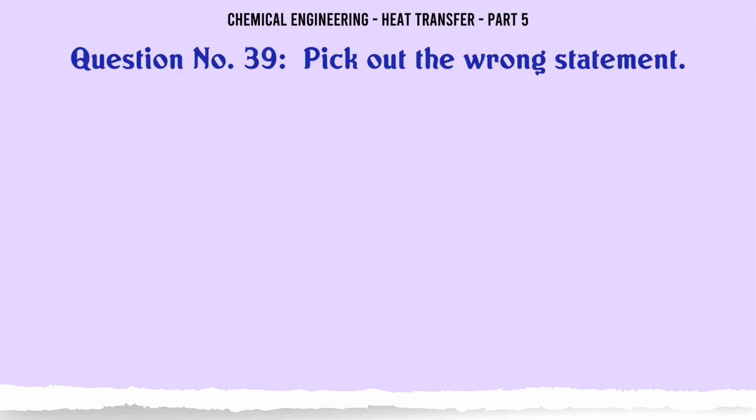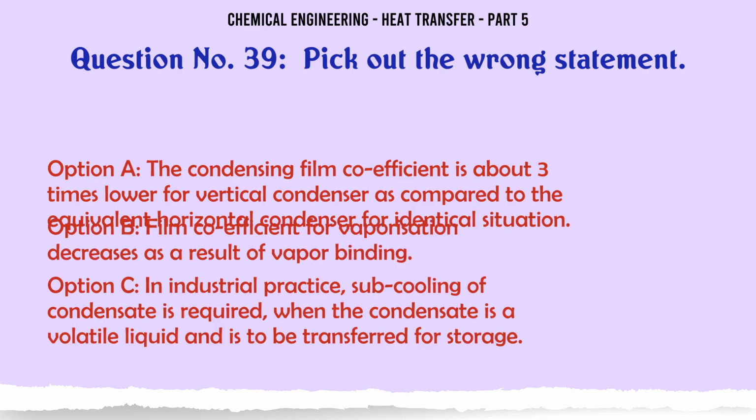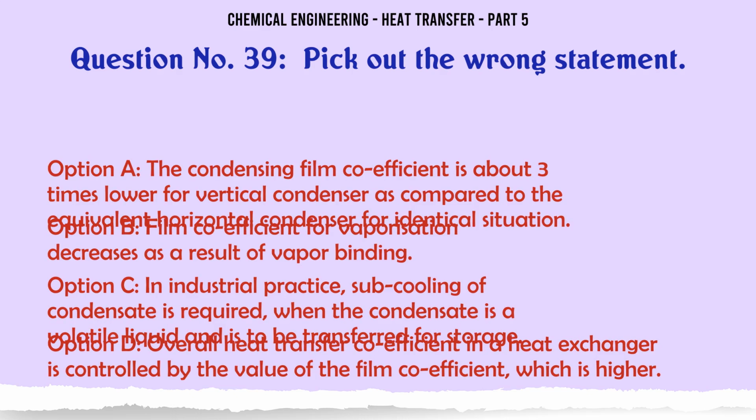Pick out the wrong statement. A. The condensing film coefficient is about 3 times lower for vertical condenser as compared to the equivalent horizontal condenser for identical situation. B. Film coefficient for vaporization decreases as a result of vapor binding. C. In industrial practice, subcooling of condensate is required when the condensate is a volatile liquid and is to be transferred for storage.